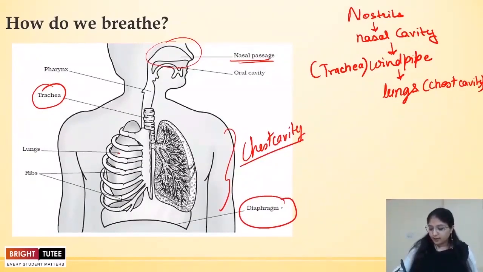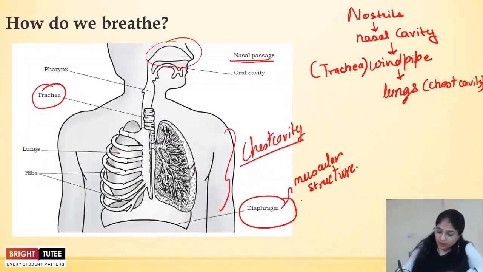It is a muscular structure which forms the base, the floor, of the chest cavity. Over here you can see it divides the chest cavity and abdomen.